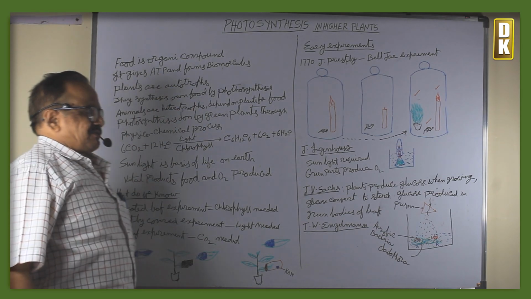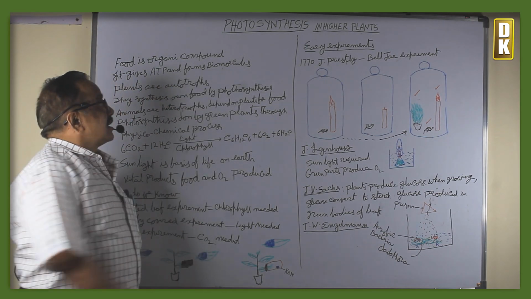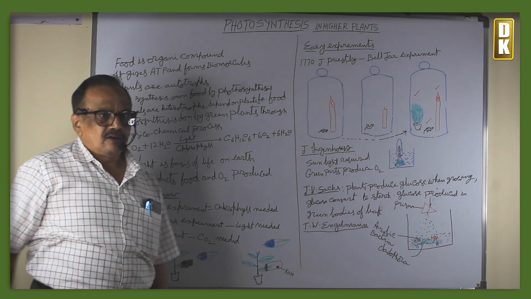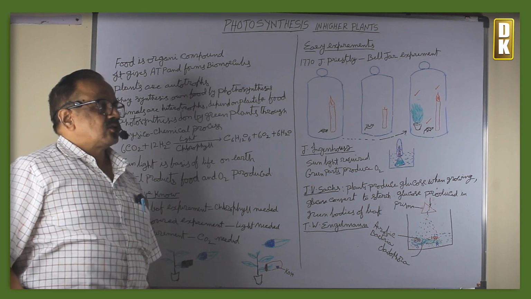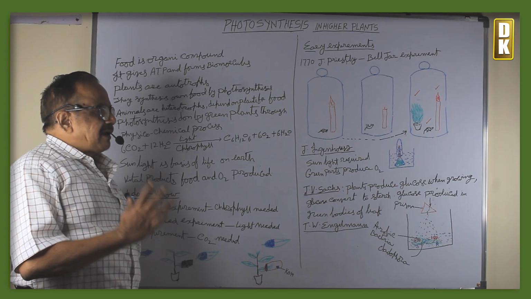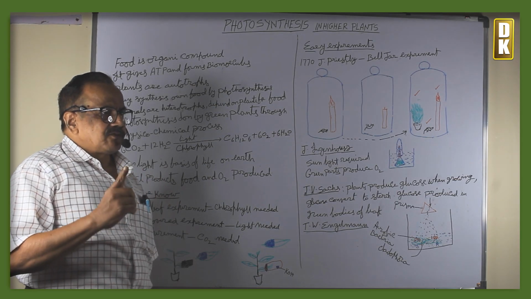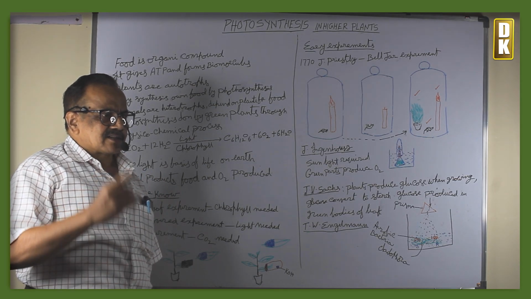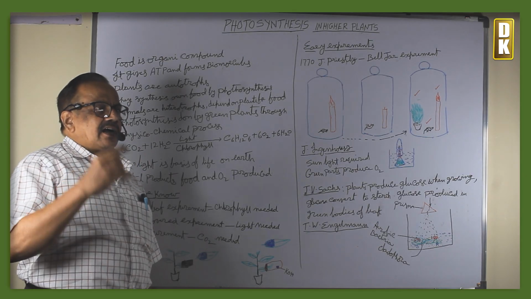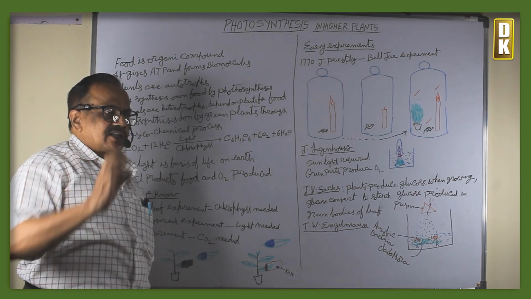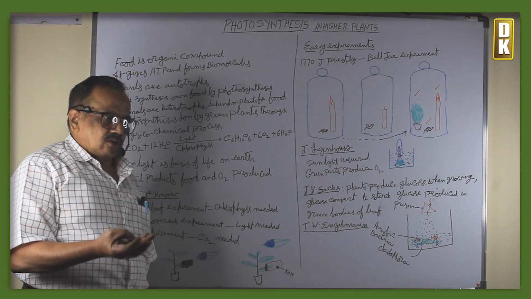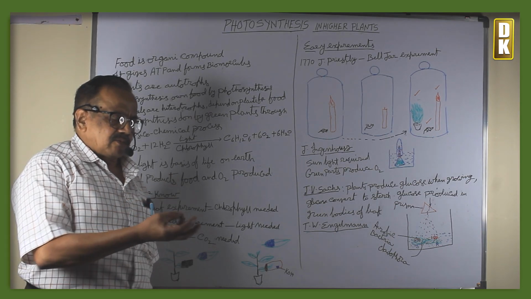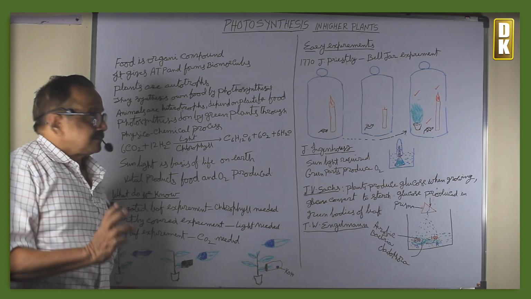Plants are autotrophs. Why? Because plants do photosynthesis. Photosynthesis is nothing but the preparation of food material. So only green plants can synthesize their food material for their living and all their living activities. What are those activities? Growth, reproduction, metabolism, and all the other things.